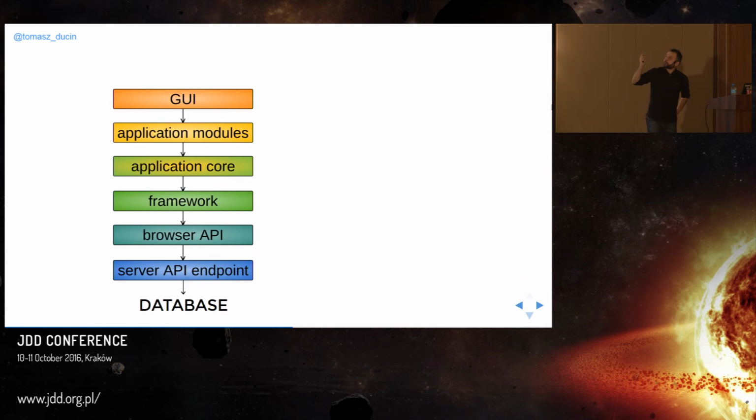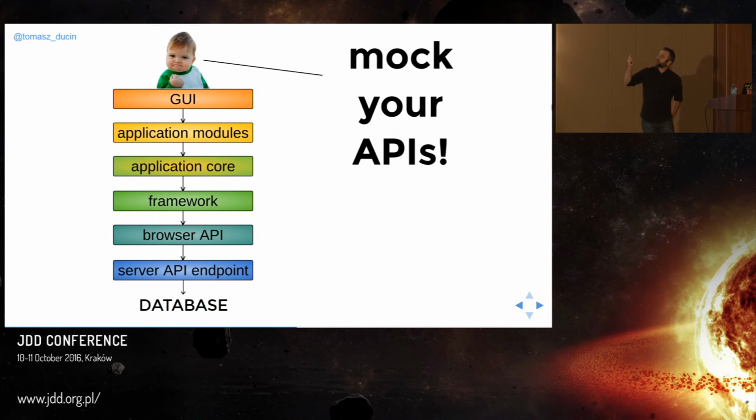And now I would like to ask you, we would like to mock our API. These layers are a quite big simplification of a web application. At the very bottom, we've got the database, which is on the server layer. We've got the server API endpoint, which is basically the REST service we are communicating with.